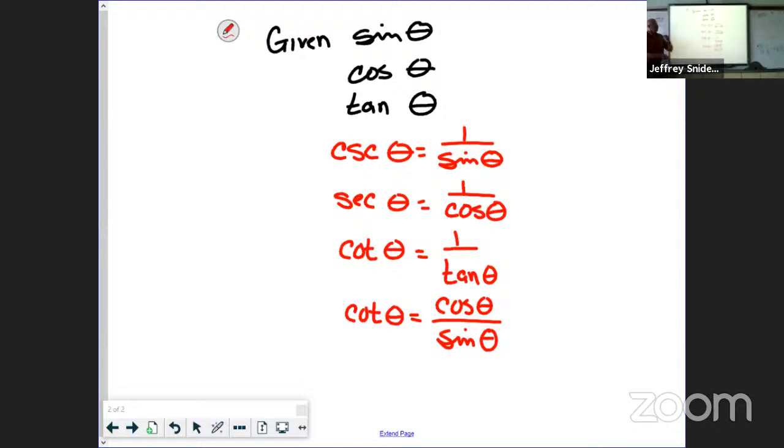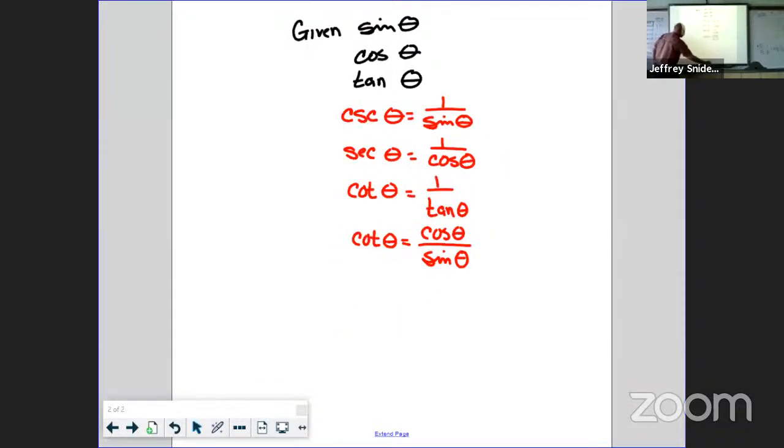Okay? Now, guess what? If this is true, guess what I could put up here if I want? Let's think about this. If cosecant theta is equal to 1 over sine theta, what do you think I could say sine of theta is equal to? 1 over cosecant. Flip both sides. Invert both fractions.